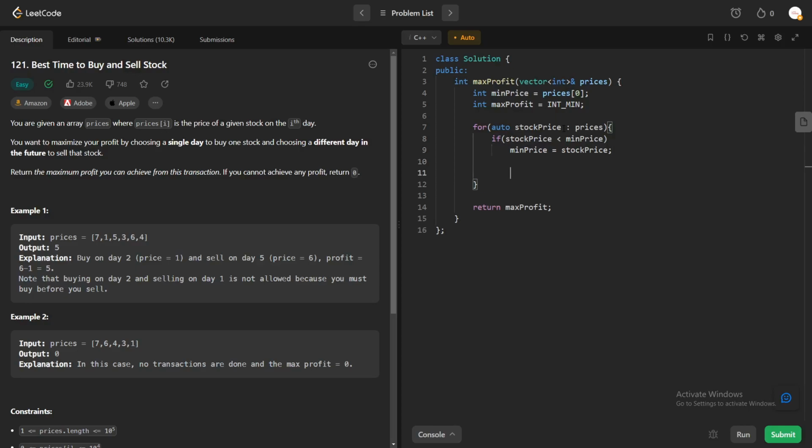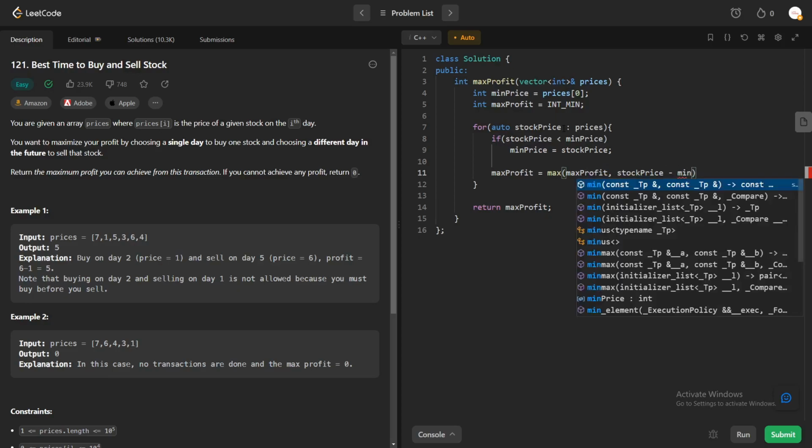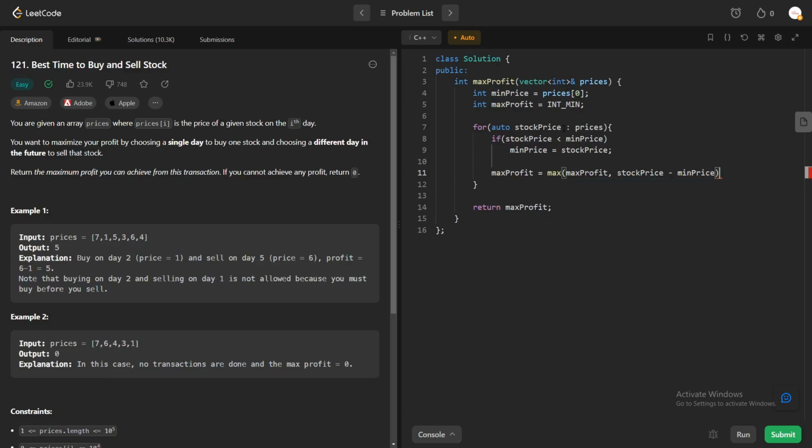Okay, and at this point we would also like to recalculate and see if we can get a higher profit, right? So that's why we'll also be checking if we can maximize the max profit as well, and we'll be doing it just like this. I think we are good here, so let me quickly submit it.